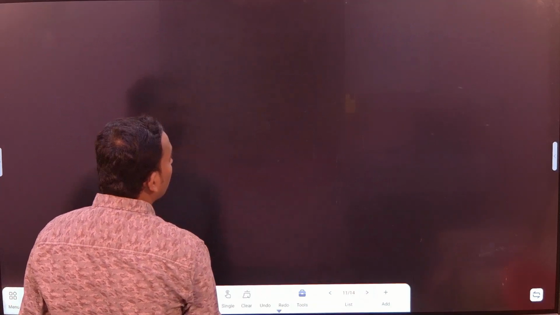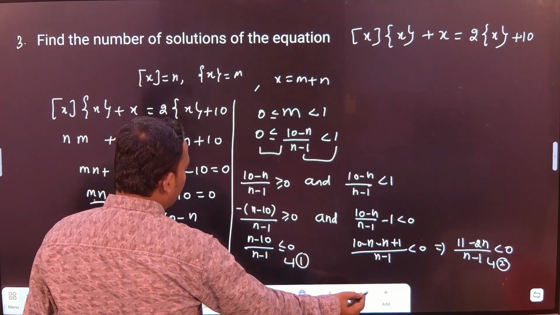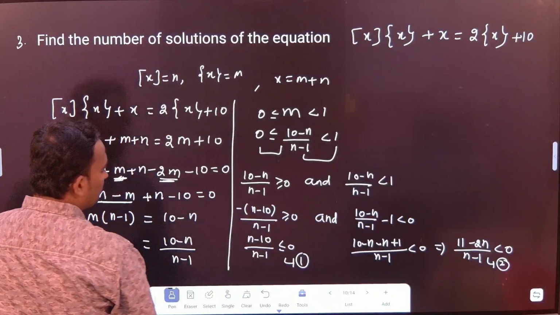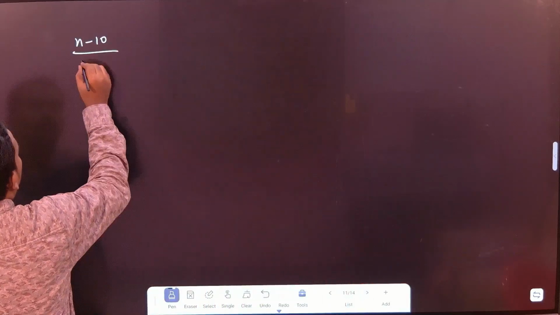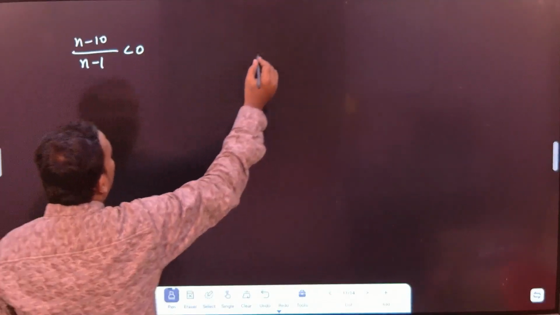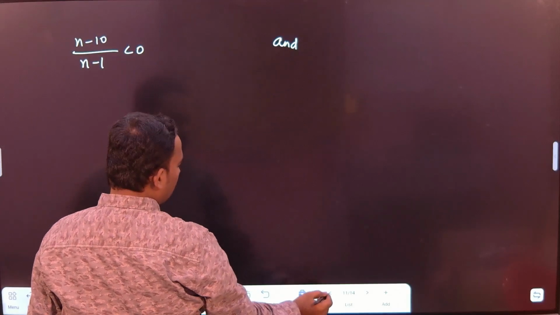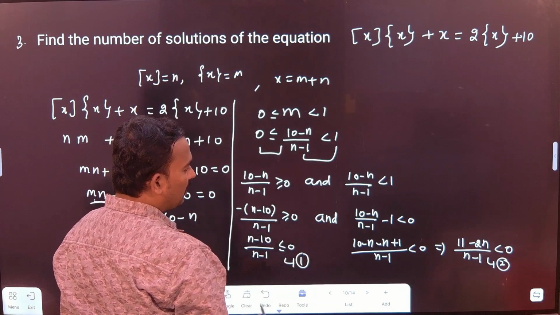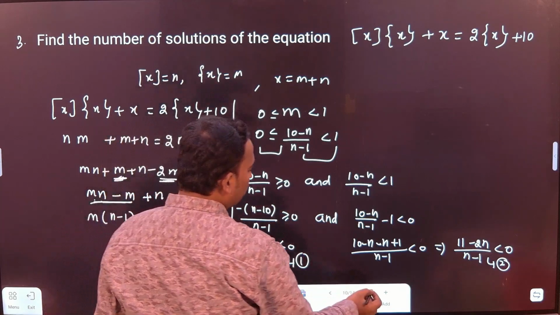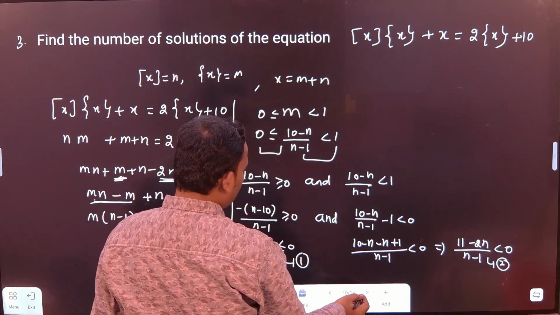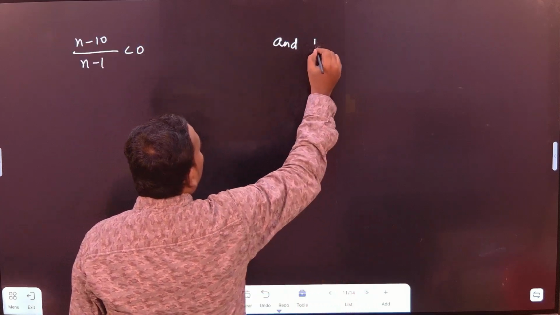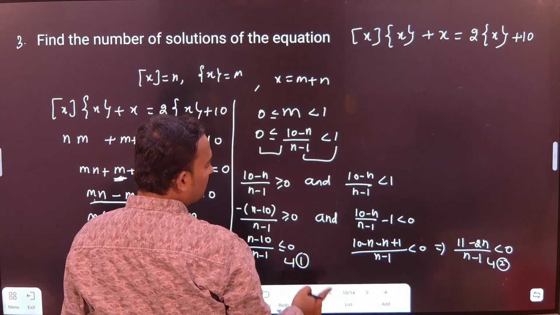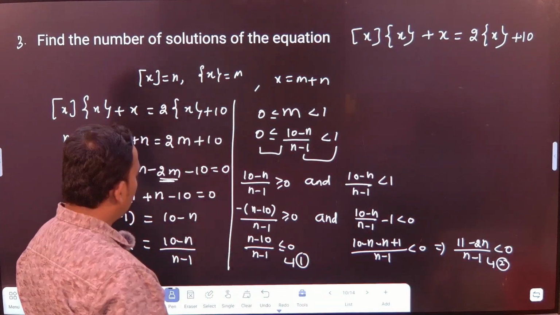Okay. So the first one you can see is n minus 10 divided by n minus 1, N minus 1 is less than 0. And the second one is 11 minus 2n divided by n minus 1, here less than 0.